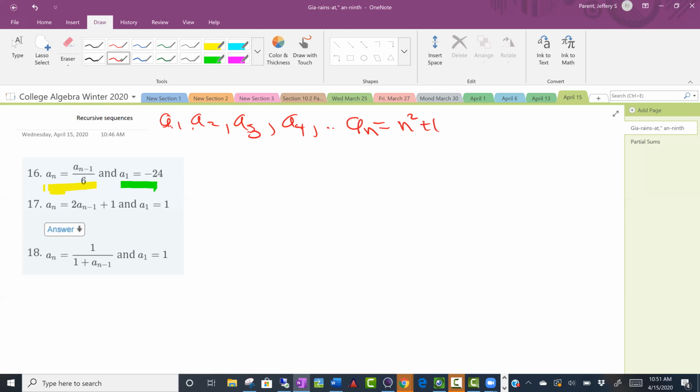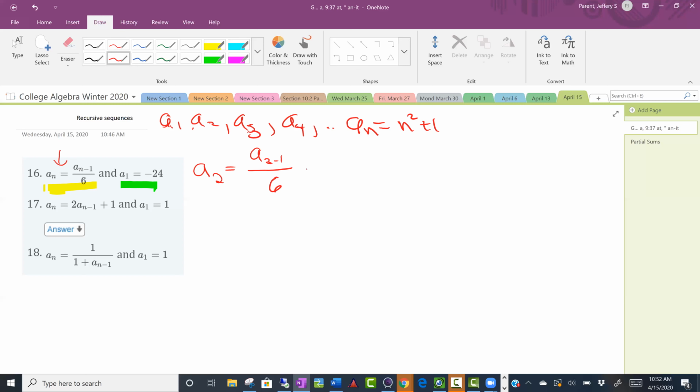Typically, once you're given the first term, you can find the next term. So a sub 2: if I put in a 2 here for the n, then a sub 2 is going to be a sub 2 minus 1 over 6.